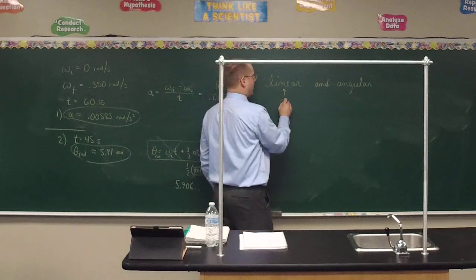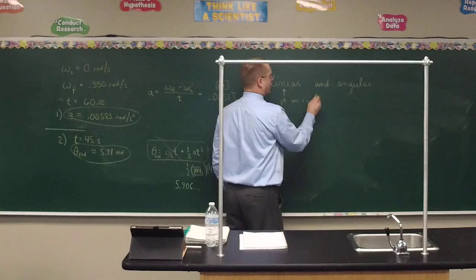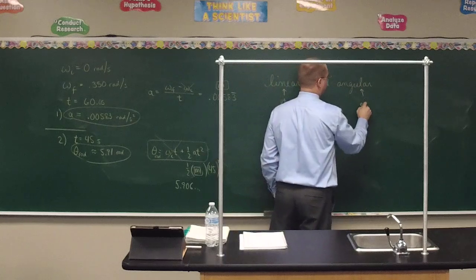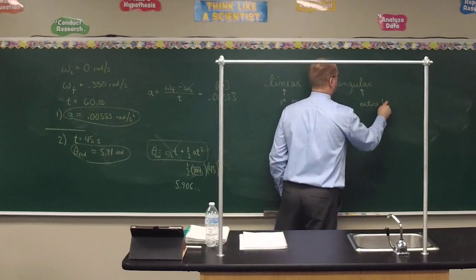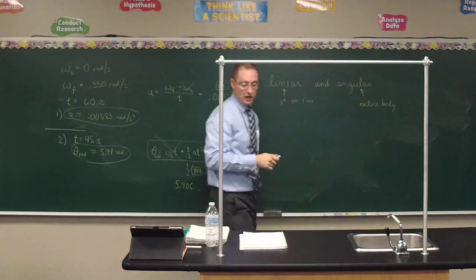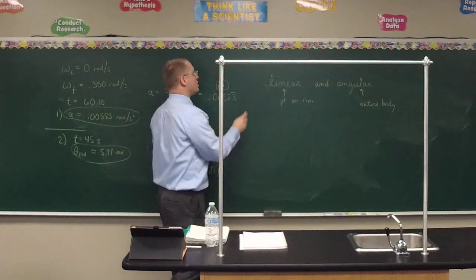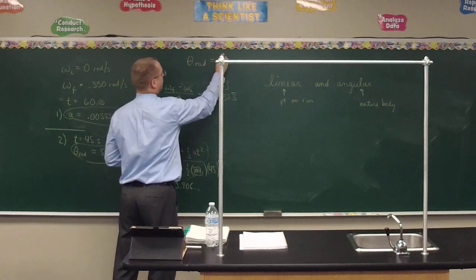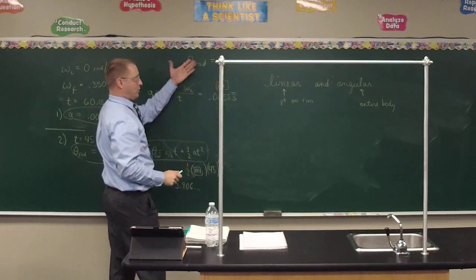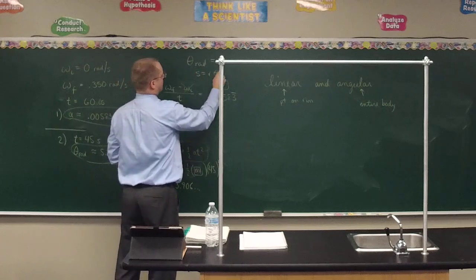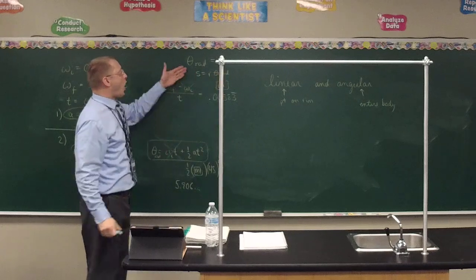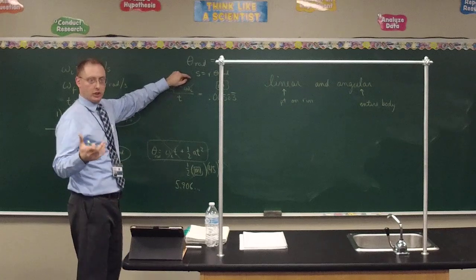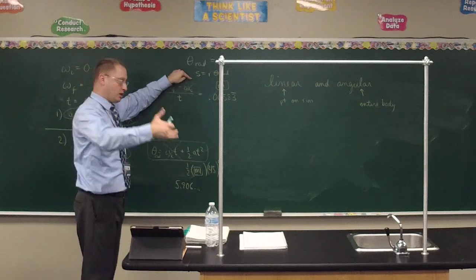Linear, again, refers to any point on the rim of the body. Angular refers to the rotation of the entire body. Well, we already know from our definition of arc length, theta rad equals S over R, S equals R theta rad, right? Well, arc length is a linear, curvilinear distance, right? From one point to another.